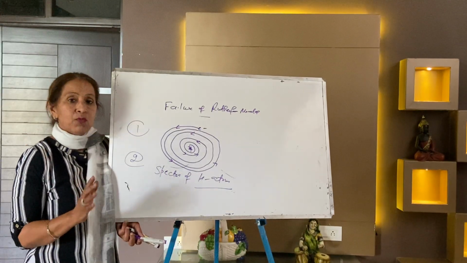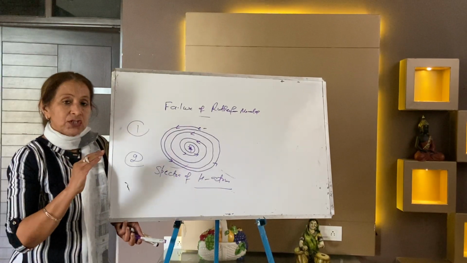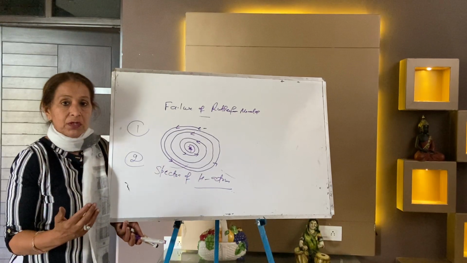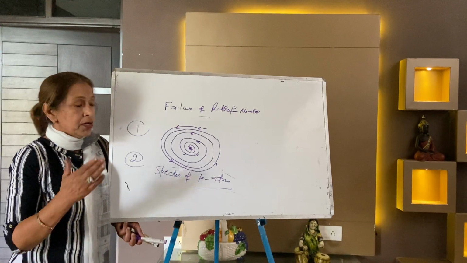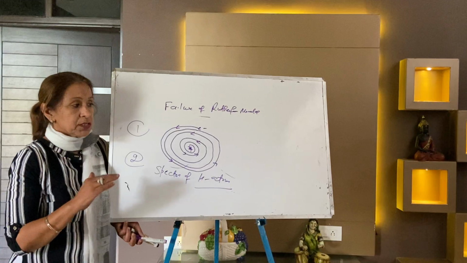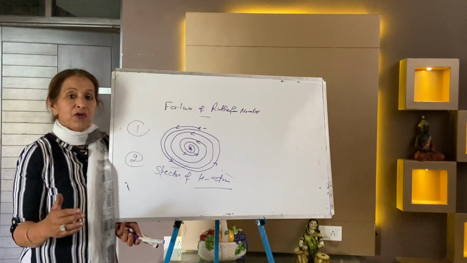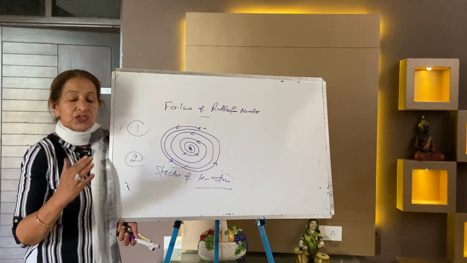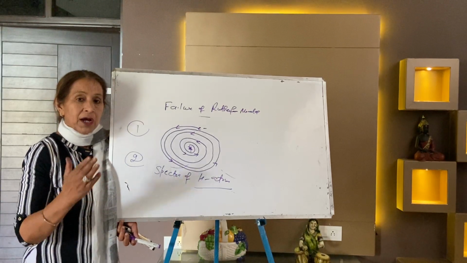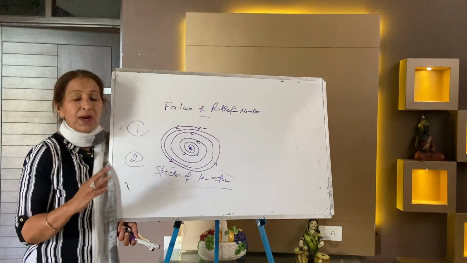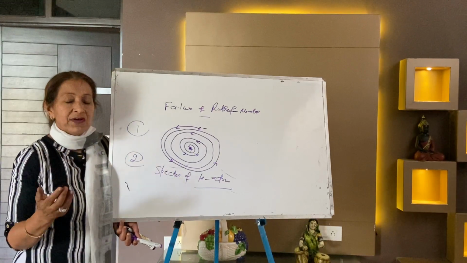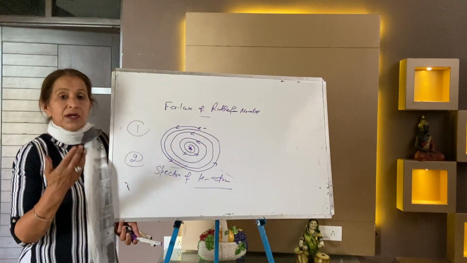Up to that, what we have taken is the discovery of the electron, the discovery of the proton, and the discovery of the neutron: the electron by scientist J.J. Thomson, the proton by Goldstein, and the neutron by Chadwick. Atomic number and mass number problem we discussed; that's why there was a need for the discovery of the neutron.